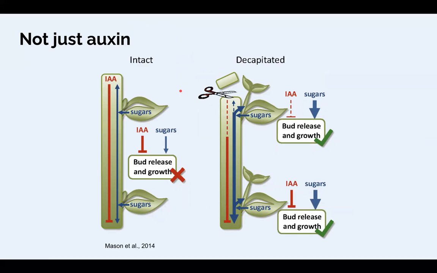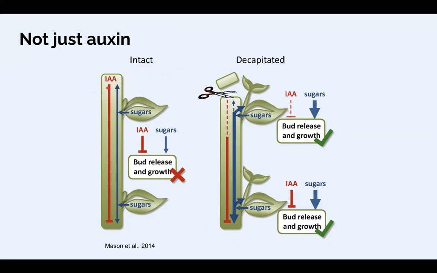But this was kind of a big deal a few years back, that there is some evidence to support the idea that it's not so much that the apical meristem is giving a signal that says don't grow. It's maybe just that the apical meristem is very demanding of resources, specifically sugars, the energy it needs to do new growth. And as long as the apical meristem is intact, it's drawing away a whole bunch of resources.